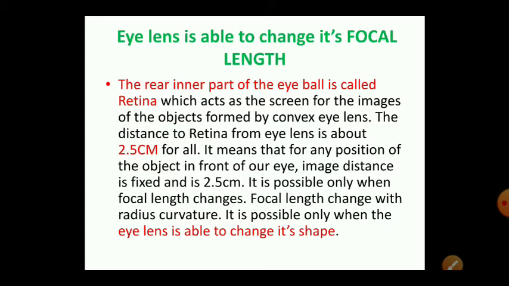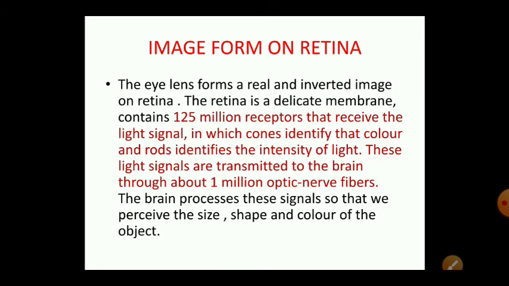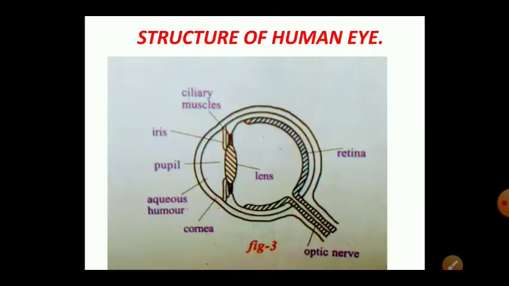Eye lens is able to change its focal length. The rear inner part of the eyeball is called the retina. You can see the rear part retina, which acts as the screen for the images formed by our eye lens.